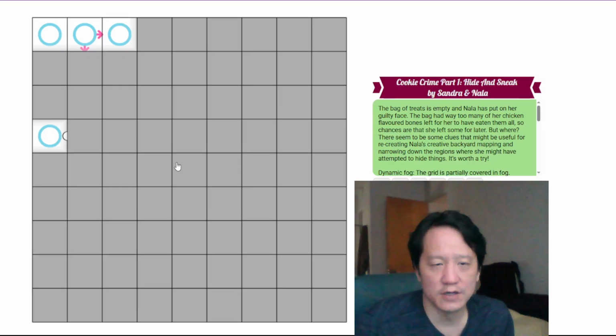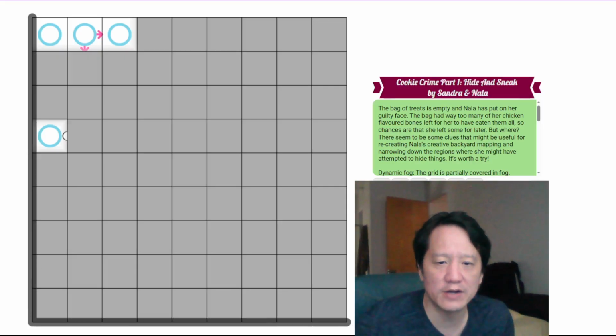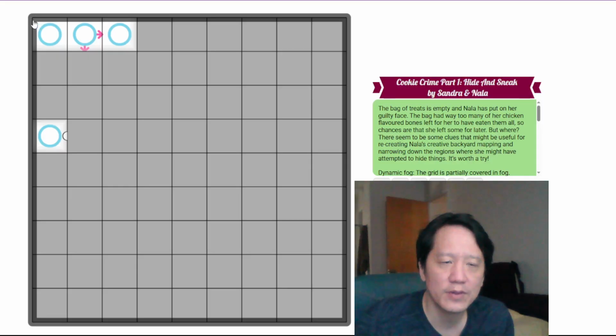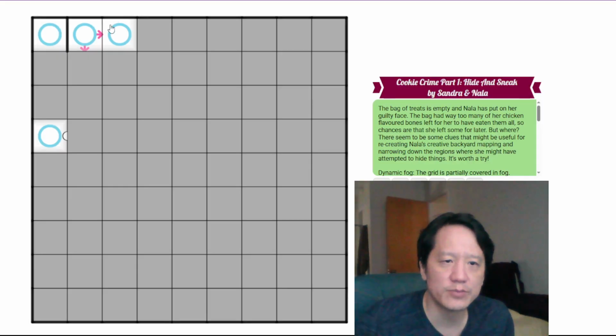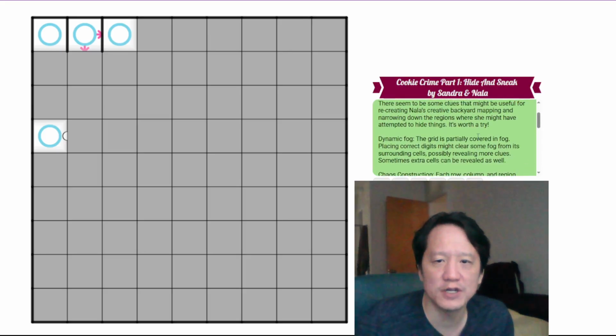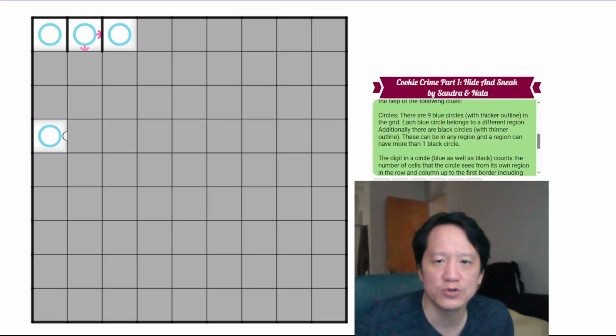Let's go. Okay, these circles are all in separate regions. Let's first draw the boundary around the grid. But we know these are separate regions here, because each region has one single blue circle in them. Or each blue circle belongs to a different region, another way of putting it.